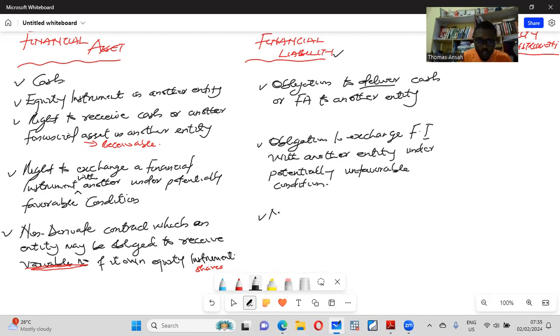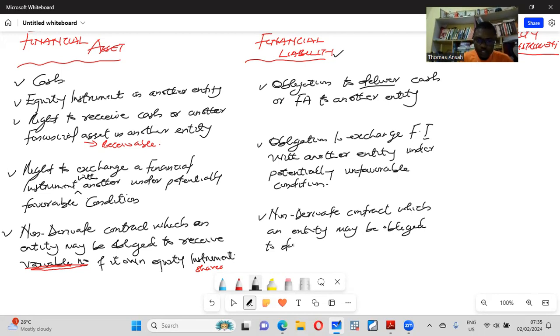Then lastly, we have a non-derivative like shares, contracts which an entity may be obliged to deliver.